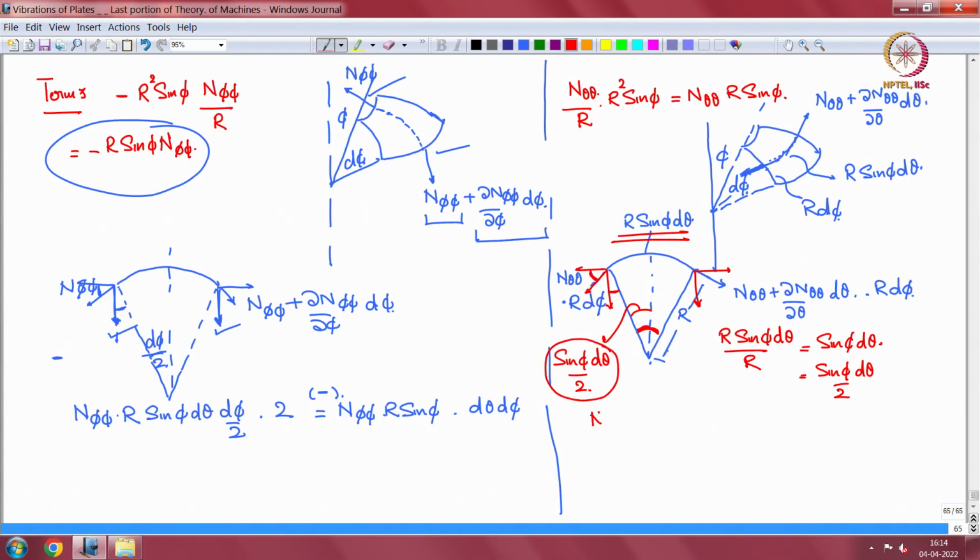So I have n theta theta, convert to r d phi, a force, into sine phi d theta by 2, and the same thing comes from here, and this is a lower order term, we ignore it, so multiply by 2. So we get n theta theta r sine phi d theta d phi in the negative direction.